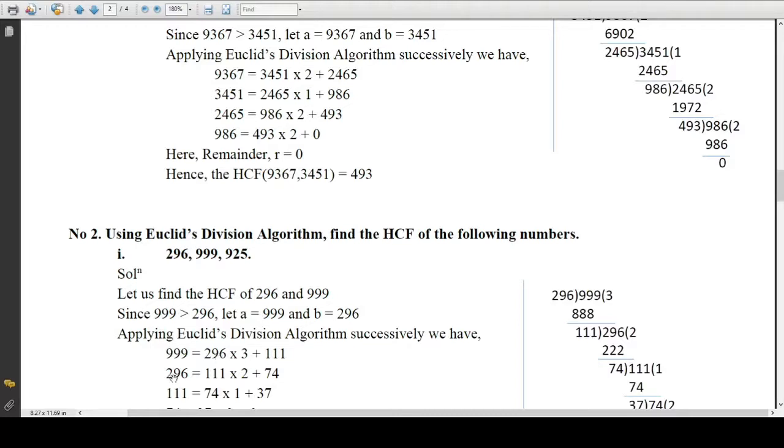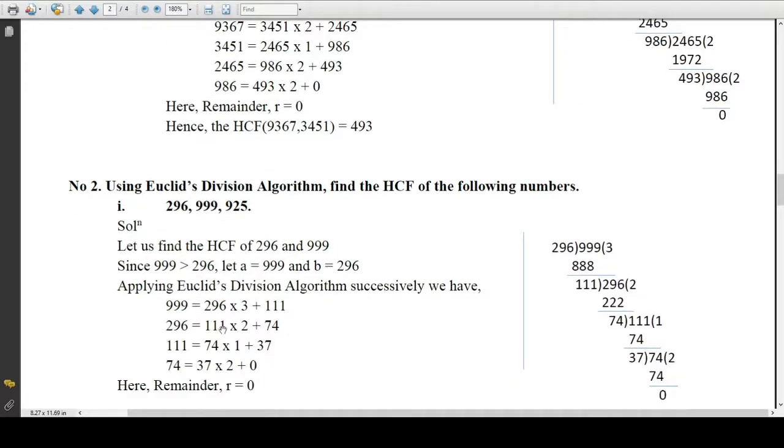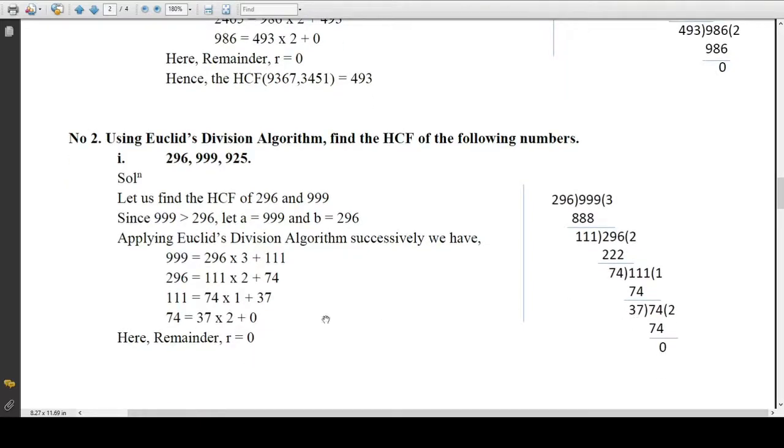Again 296 divided by 111, you'll go with 2, giving you remainder 74. Third step, 111 divided by 74, you'll go with 1, giving you remainder 37. And the last step, 74 divided by 37, you will go with 2, giving you remainder 0. And the HCF of the first 2 numbers is this 37.